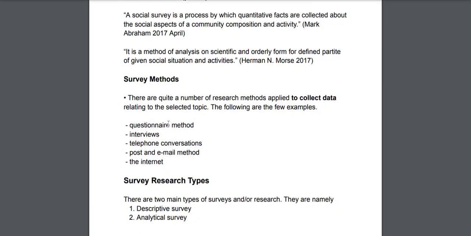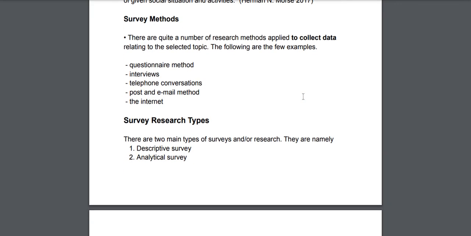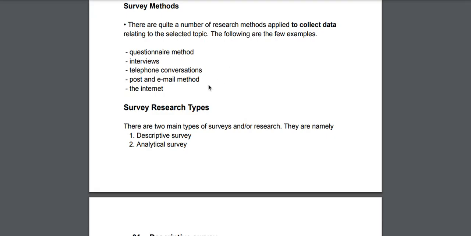Then you have survey methods that we can use for this survey. The methods that we can use to do a survey, especially to collect data. These are the methods: questionnaire method, where we can ask questions, or else interviews, telephone conversations, post and email method, and the internet.